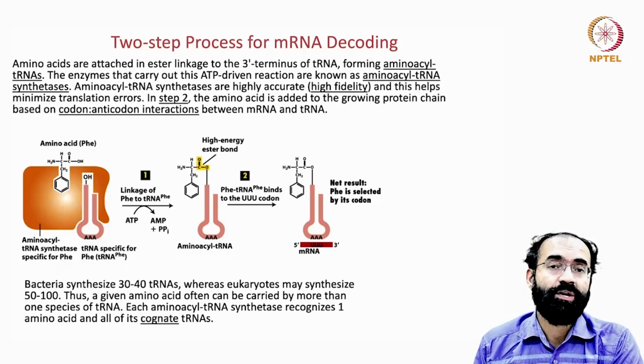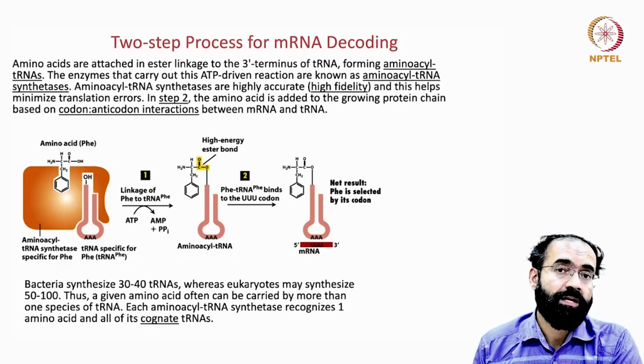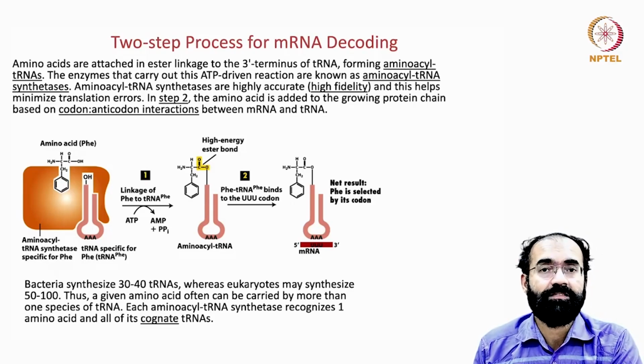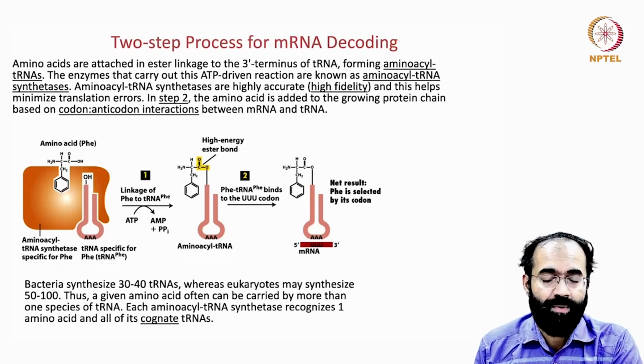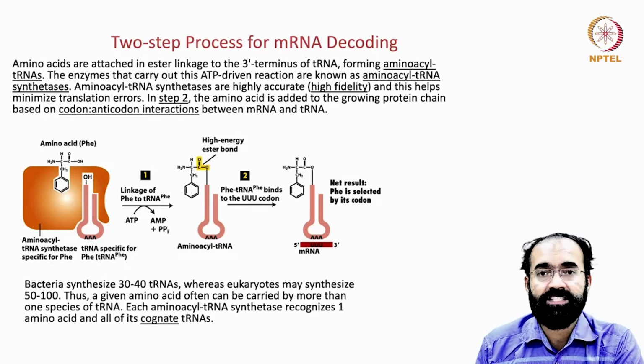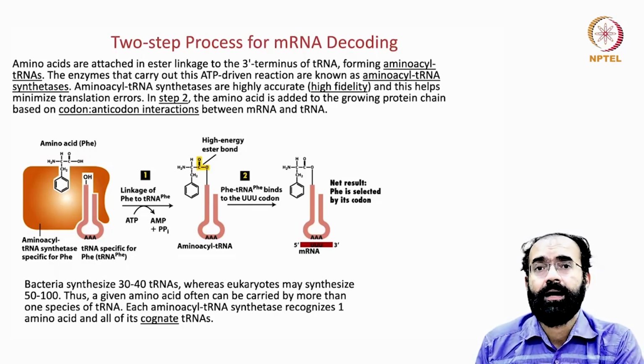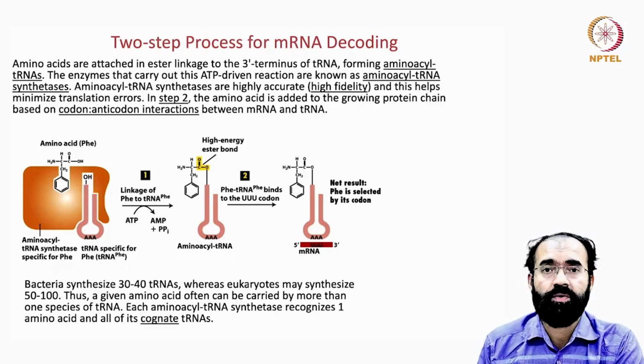The amino acid must correspond with the anticodon, because each tRNA should have the correct anticodon sequence so that this amino acid will be delivered to the right codon of the mRNA during protein synthesis. This is called high fidelity, meaning there is no scope for error.